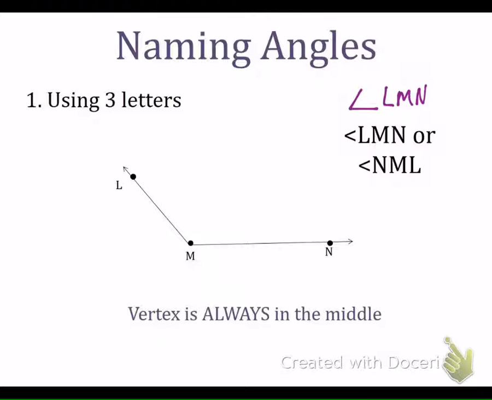But anyway, you use the angle symbol, start out on one of the rays, then the vertex, then out the other ray. So we could call this angle LMN, or start on the other side, NML. You just have to make sure the vertex is always in the middle.